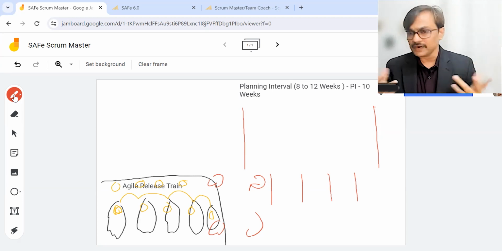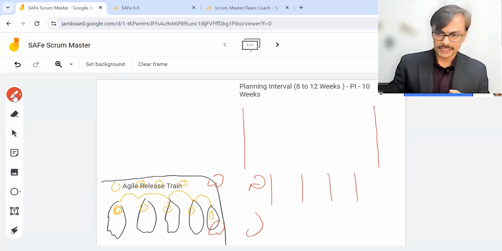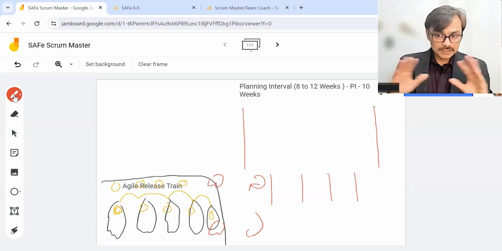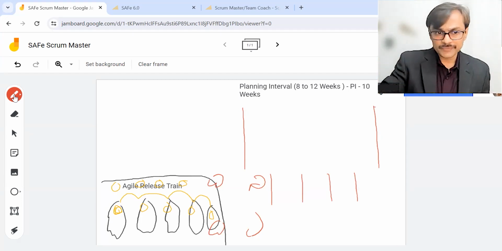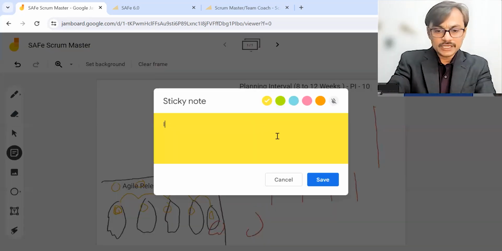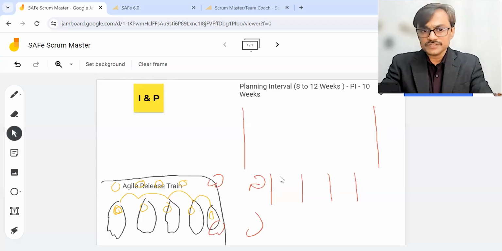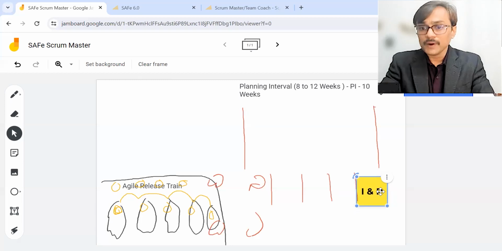And by default, we have 5 iterations if you are running a 10-week planning interval. Out of these 5 iterations, the final iteration is a little special, and we call it the innovation and planning iteration. It is a special iteration designed to do some planning and cleaning up work.